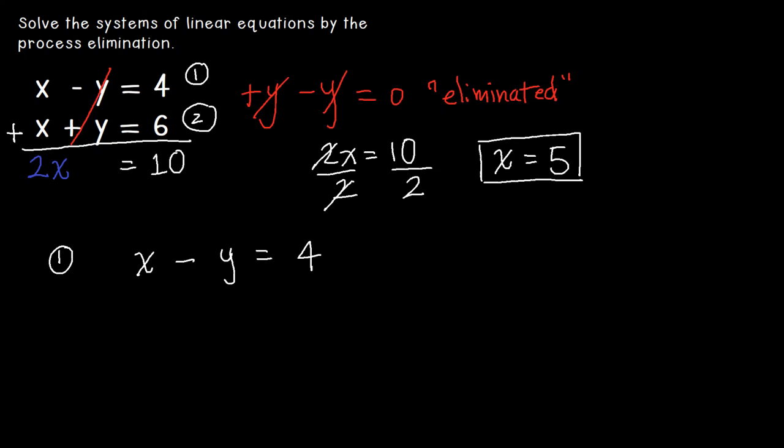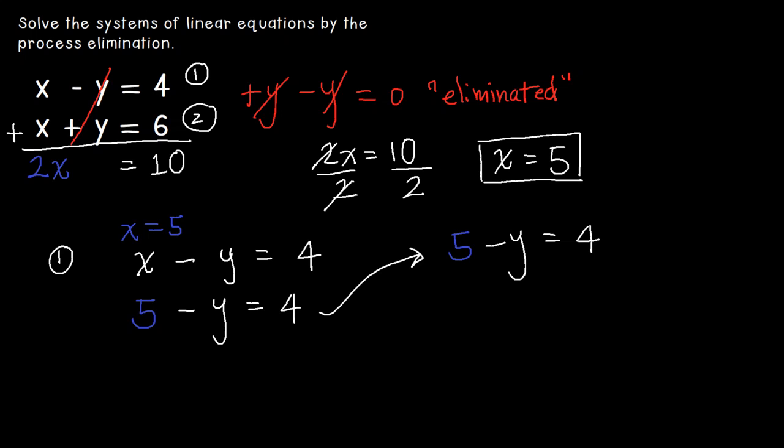We're going to use x is equal to 5 and replace x with 5. In math, we call this substitution. So we replace the x with 5, and we still have minus y is equal to 4. Our goal now is to solve for y. We have 5 minus y is equal to 4.